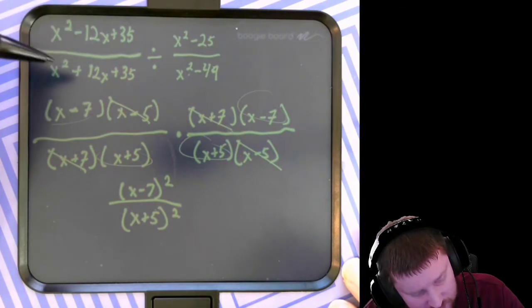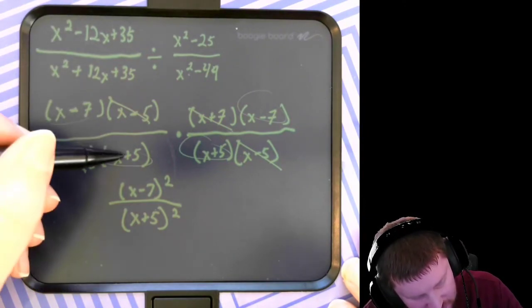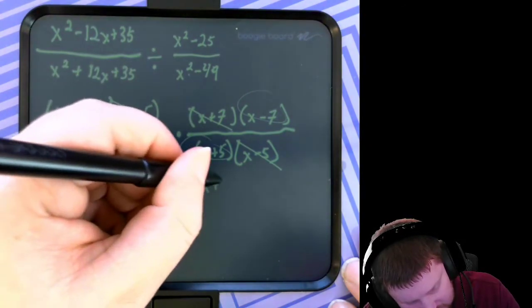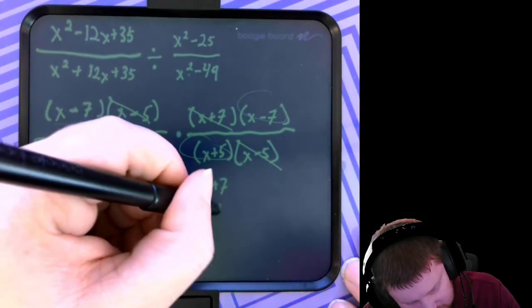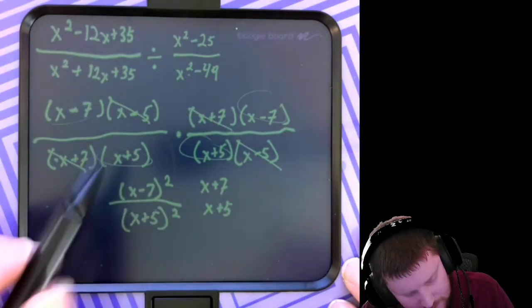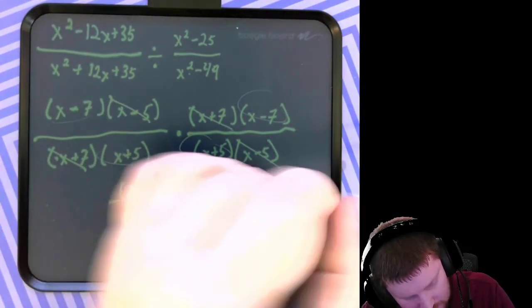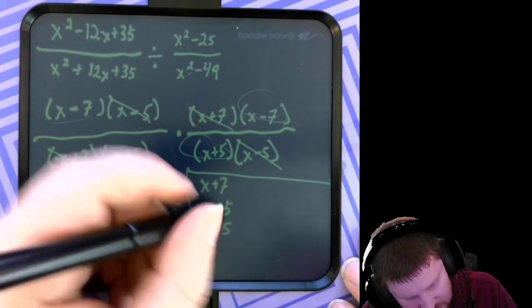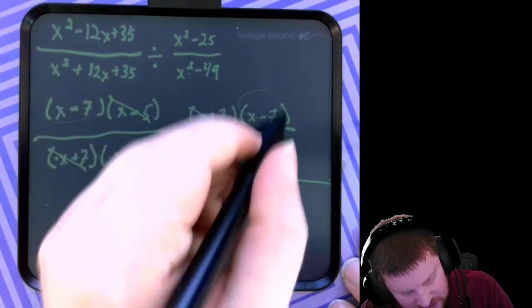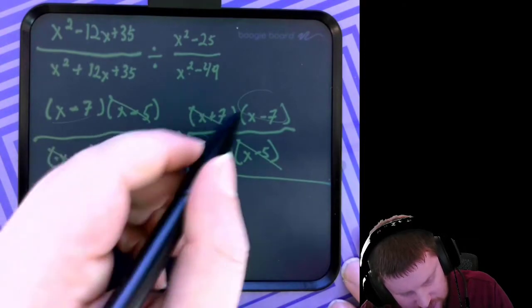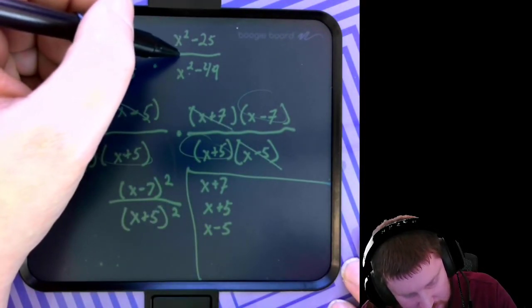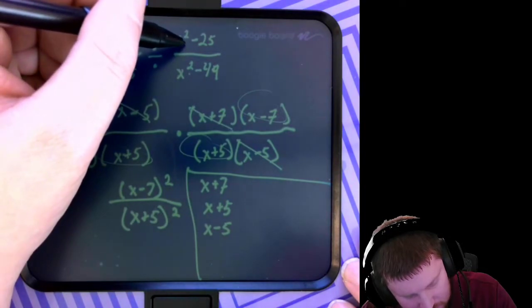For my four excluded values, I have x plus 7, x plus 5, x plus 7, x plus 5, x minus 5, and then remember this was in the denominator before, so, or sorry, this was the top.